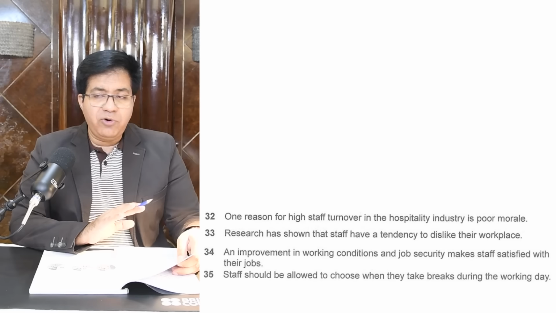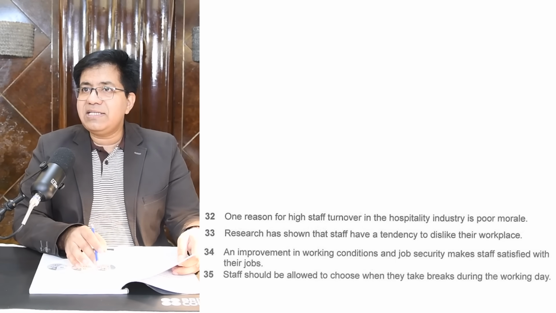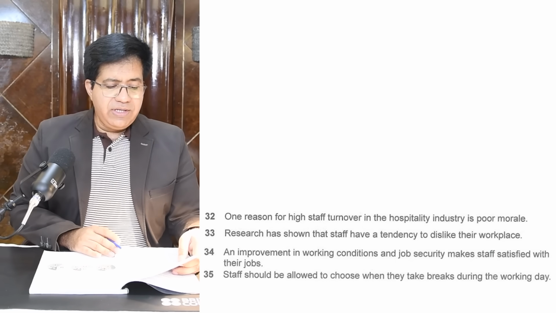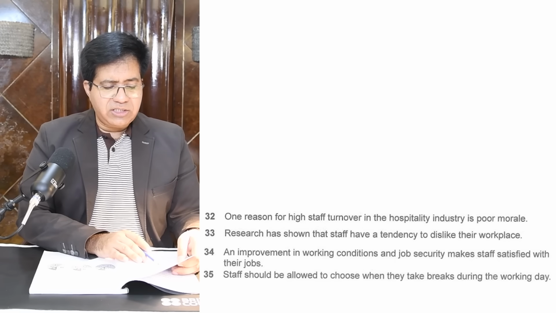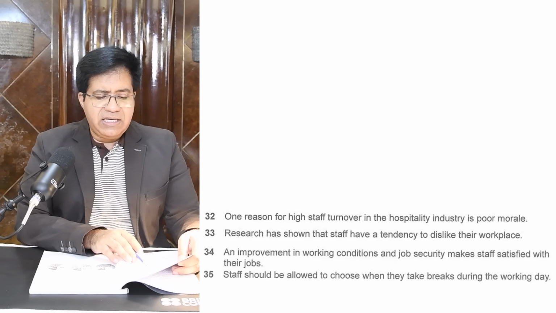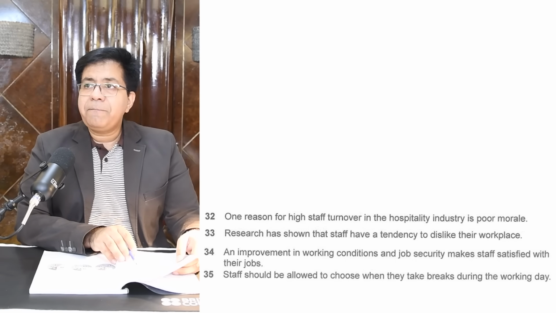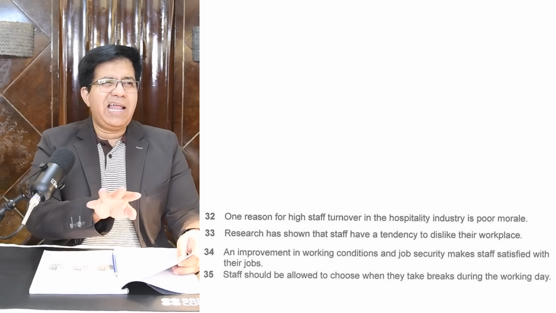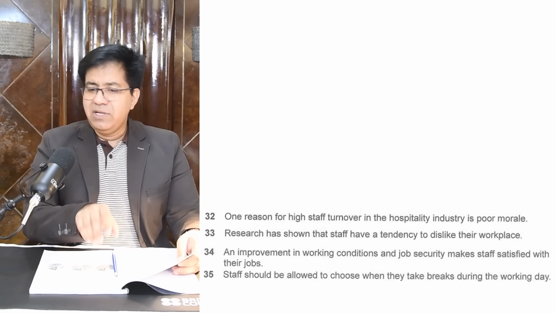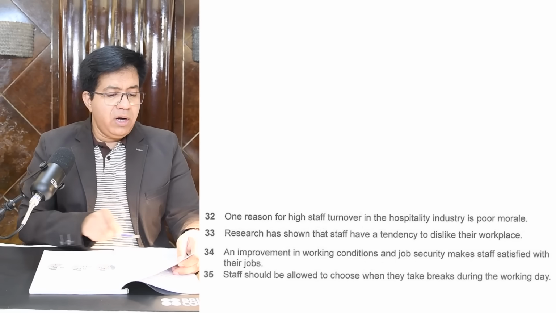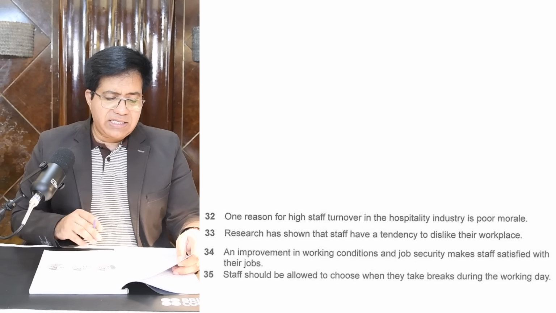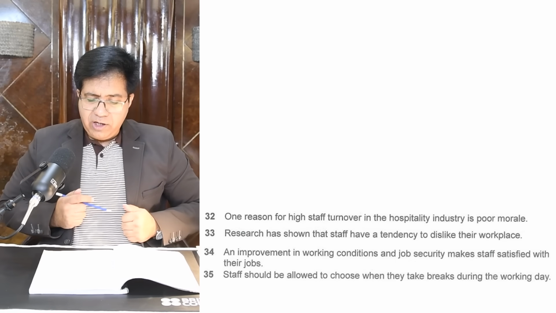And if they have not conducted the result, then it is going to be not given. So research has shown that staff have a tendency to dislike their workplace. Like you say, I don't like my office, it's not comfortable.